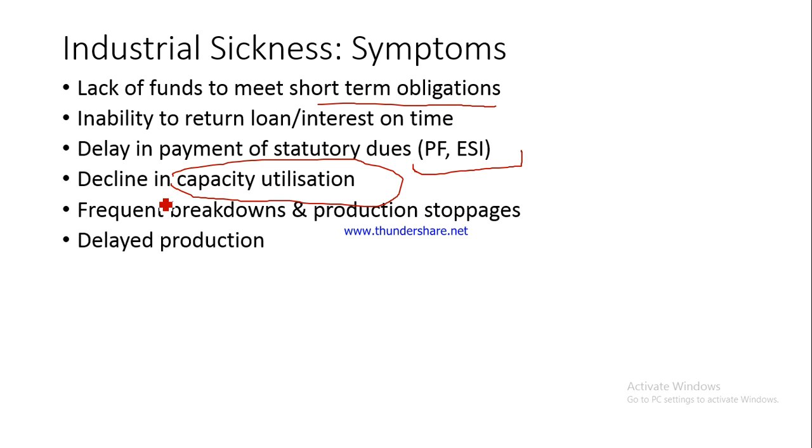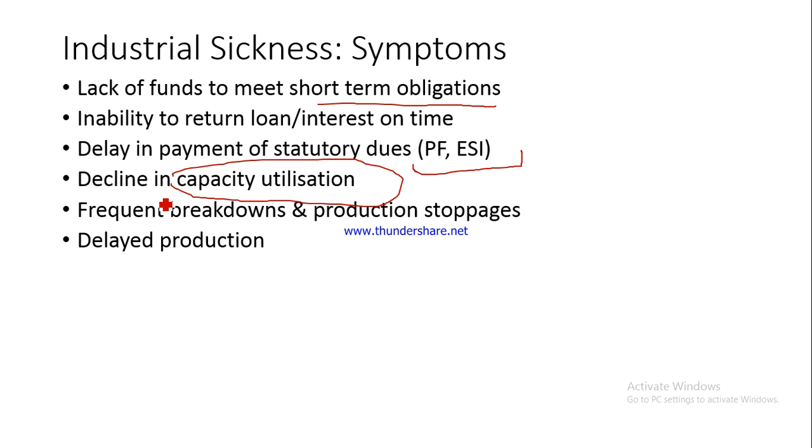Delayed production. The company is not able to produce as per the customer order. It is not able to deliver as per the customer order on time, because of which the customer would naturally want to switch to some other company which is more diligent and more punctual in fulfilling the customer orders.